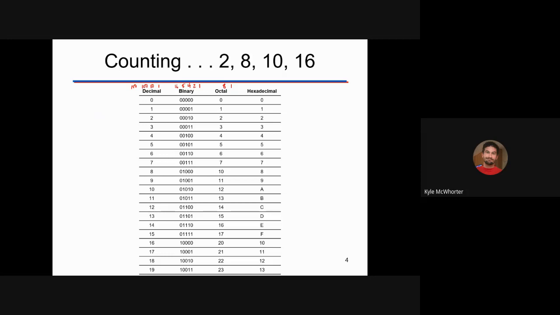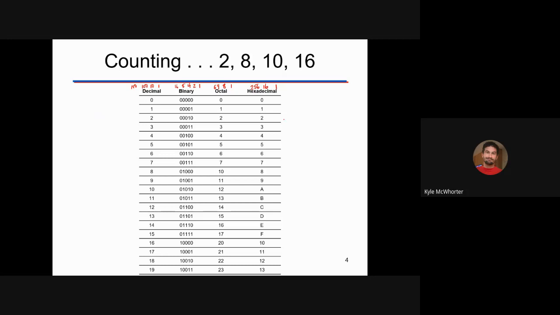This is 10 to the 0, 10 to the 1, 10 to the 2. This is 2 to the 0, 2 to the 1, 2 to the 2, 2 to the 3. So this is 8 to the 0, 8 to the 1, 8 to the second power is 64. And then it would go on that way. And then hexadecimal, you'll have the 1s, the 16s, and then 16 squared is 256. So those would be your place values.